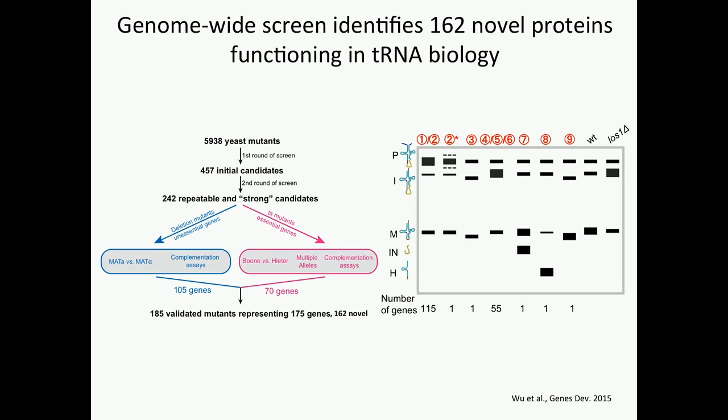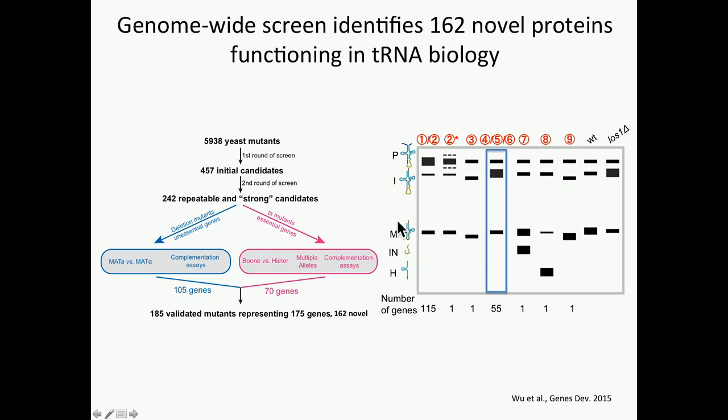Okay. So we were able to look at each of the mutants and ask, is there any step in tRNA biogenesis that is affected in these mutants? And we found 162 new genes that were not known to play a role in tRNA biogenesis, and they were each verified by a variety of methods.